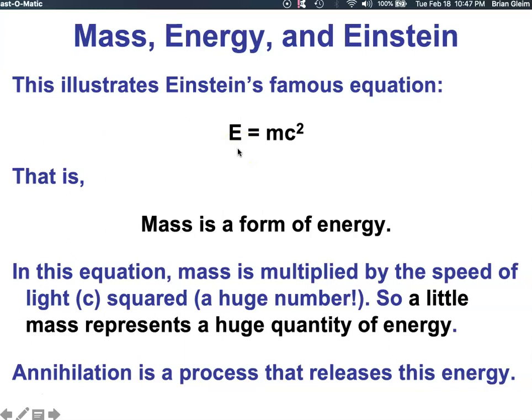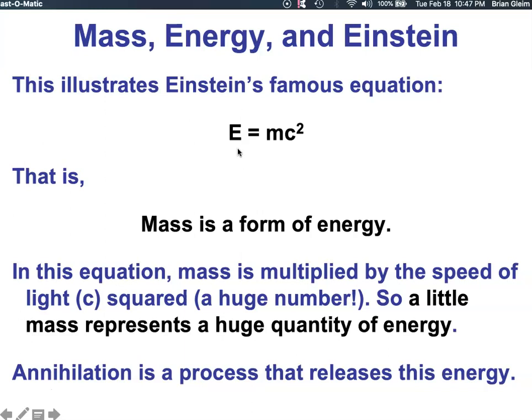What I started saying at the very beginning of this talk about how physics is the story of matter and energy, and that matter is what makes things up and energy is what makes things go. Well, what Einstein discovered about 100 years ago is that it's all the same thing. Just like you can find energy as kinetic energy, thermal energy, or potential energy, you can also find mass energy.